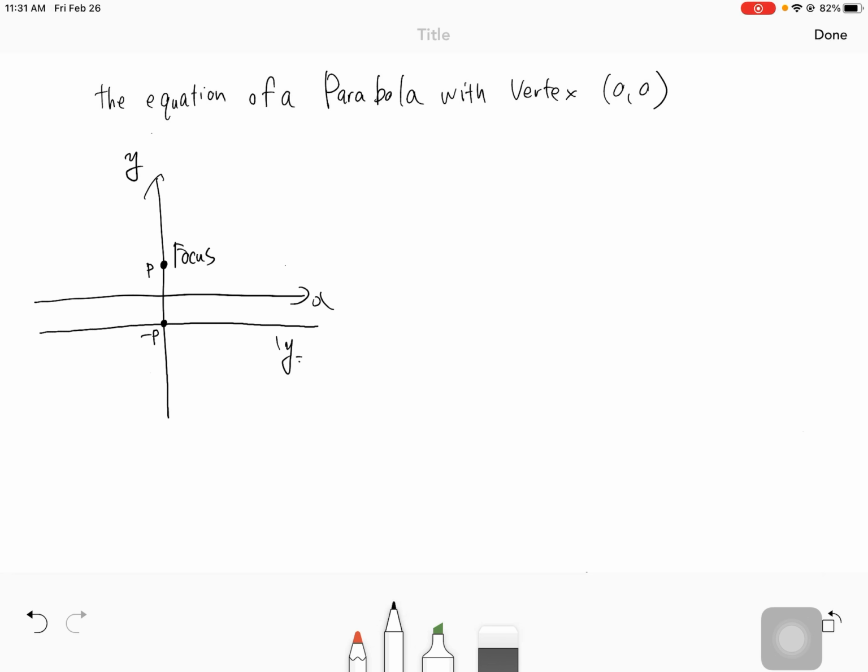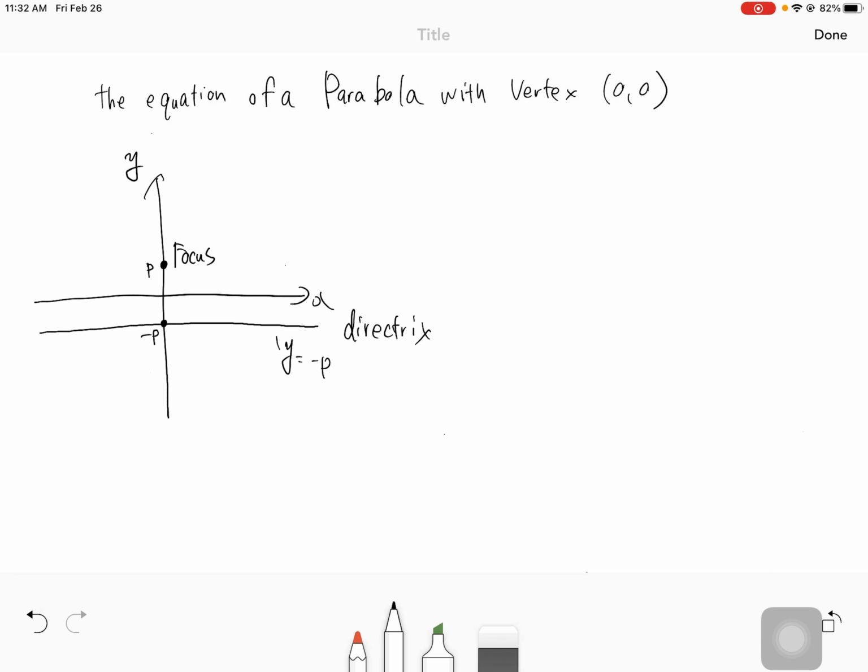And this one is y equal negative p. This line is called directrix. Okay, let's start.